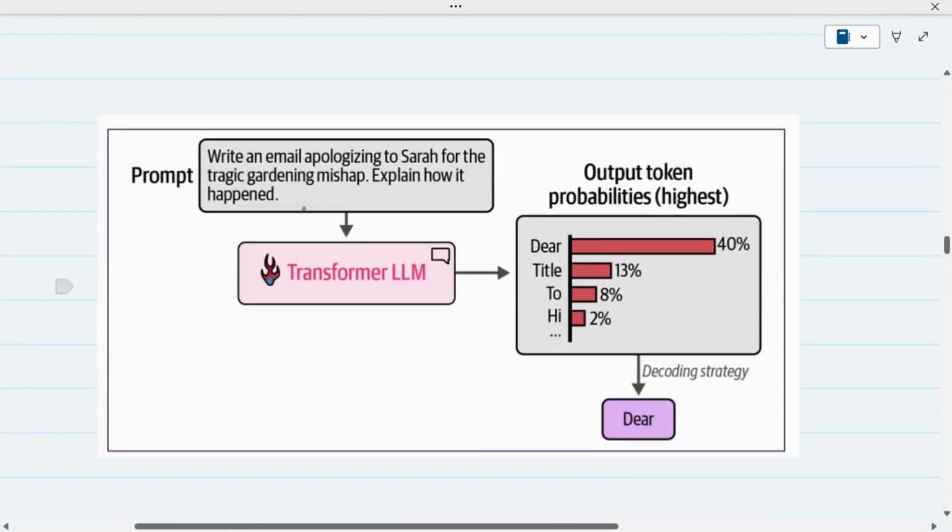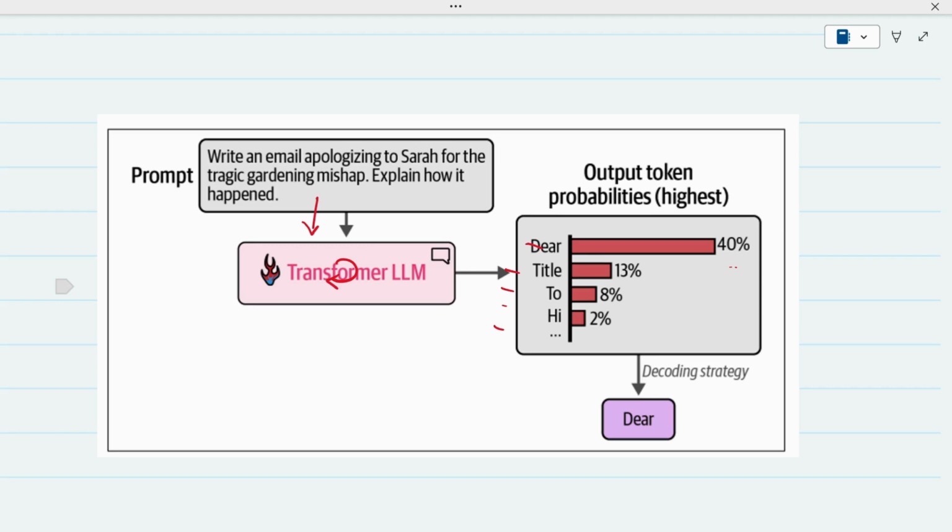From this image we can summarize the whole thing: we give an input prompt to the LLM, it processes that prompt and generates the probability for each word, and we take the highest probability word, which is then rendered to the user screen.